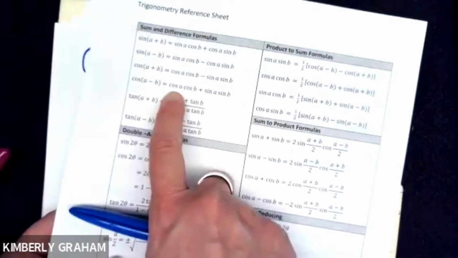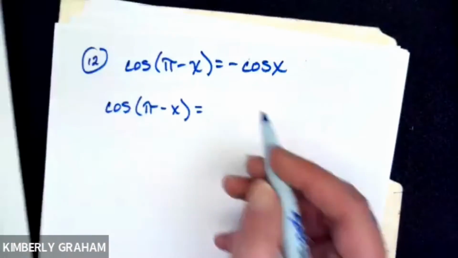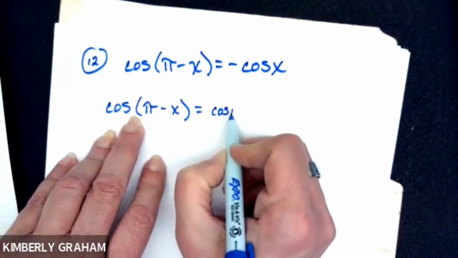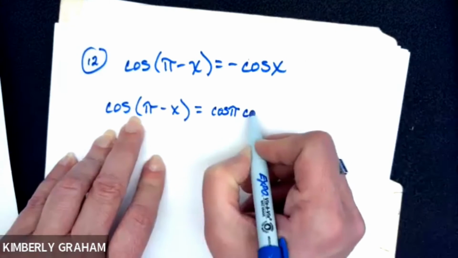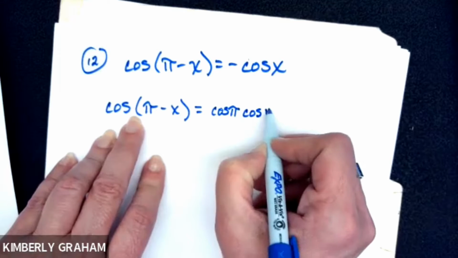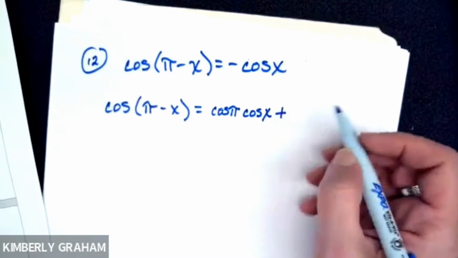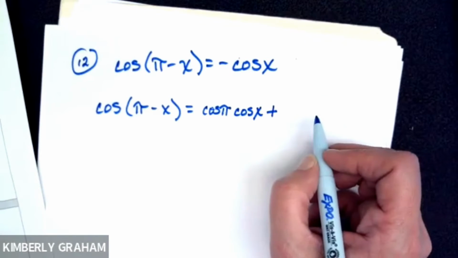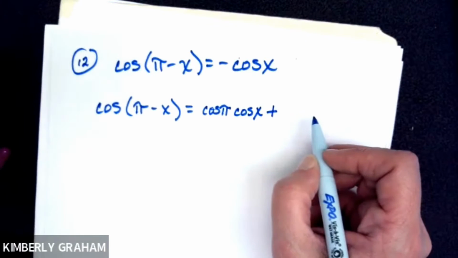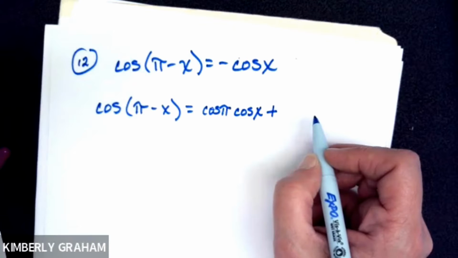So I have cosine a, cosine b. So I have cosine pi, cosine x, then plus, no, not plus, hang on. Is it plus?